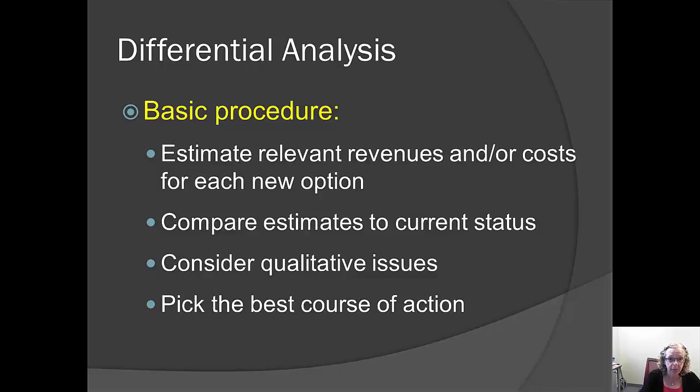Remember, numbers advise us, but they don't rule us. We get to make decisions. We get to evaluate all factors, even factors that don't show up well mathematically. Finally, based on all of the issues, choose the best option.